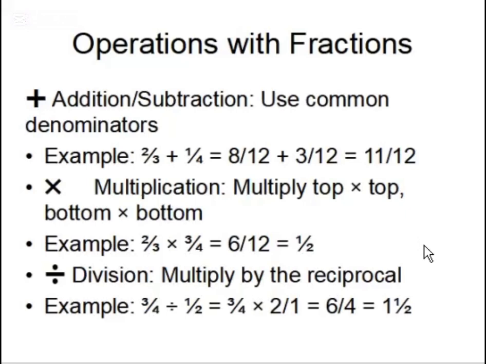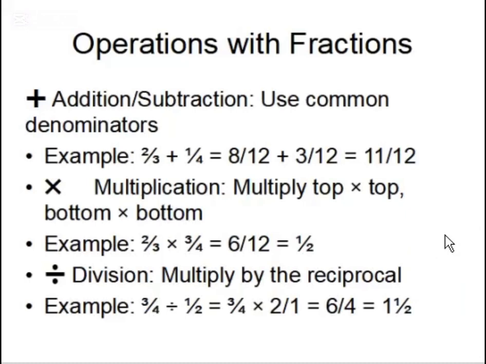To find the common denominator, we find the LCM of 3 and 4, which is 12. So 12 divided by 3 you get 4, 4 times 2 equals 8. So the first fraction will be 8/12.